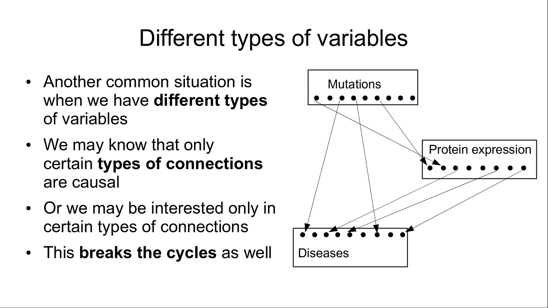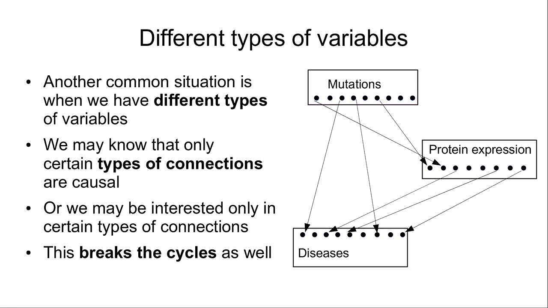And this can affect the expression of different proteins. Again, there are many proteins, and you can have many of them with their expression changed. And then there are diseases, where you could be studying, for example, different subtypes of the same disease, or a different spectrum of diseases.